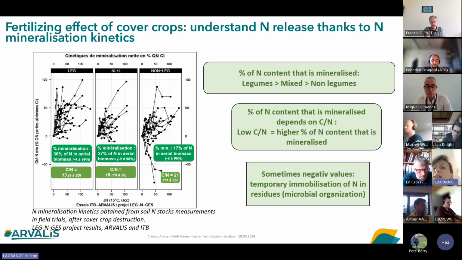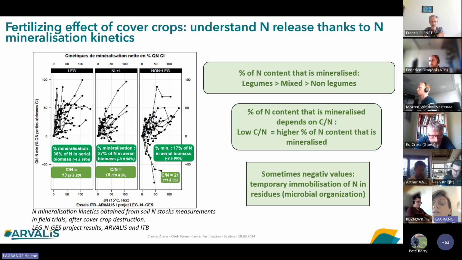And we found that this is dependent on the C/N ratio. And we found that the low C/N ratio gives a higher percentage of nitrogen content that is mineralized and then available for the next crop. And legumes have the lowest C/N ratio.